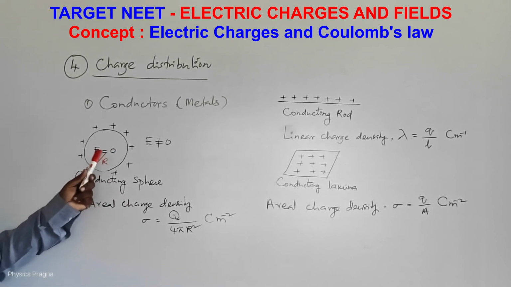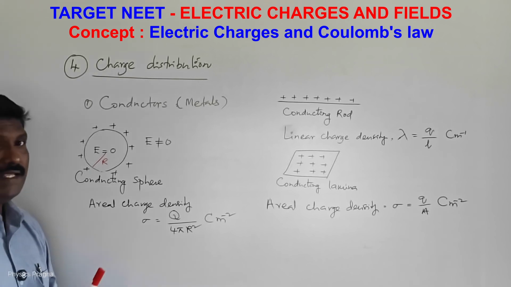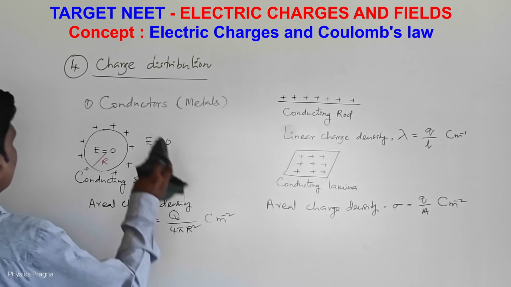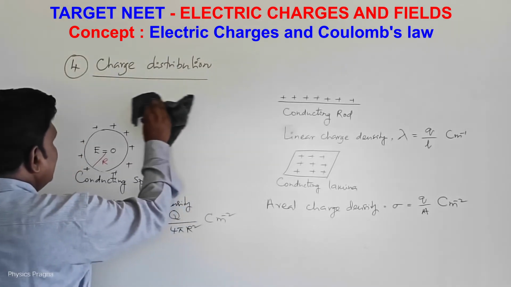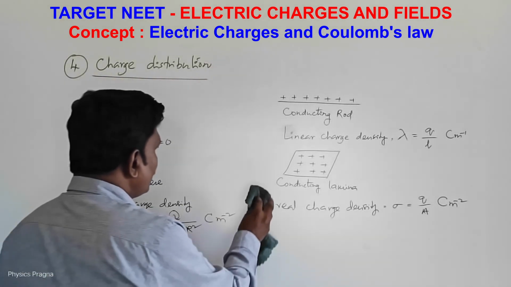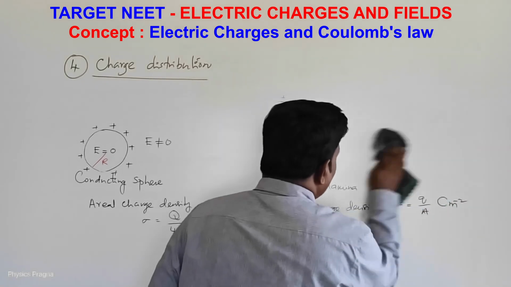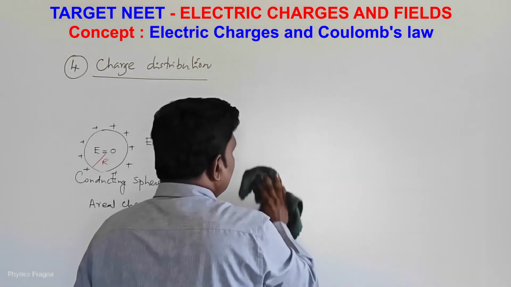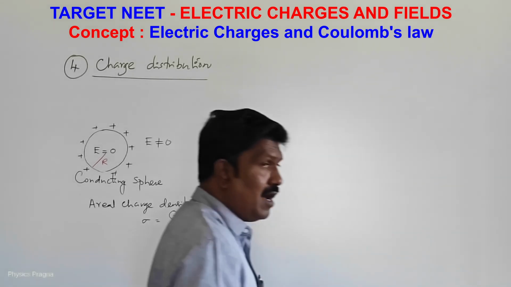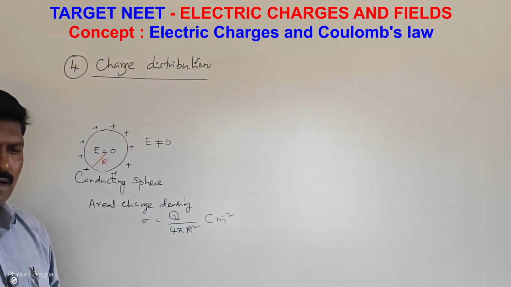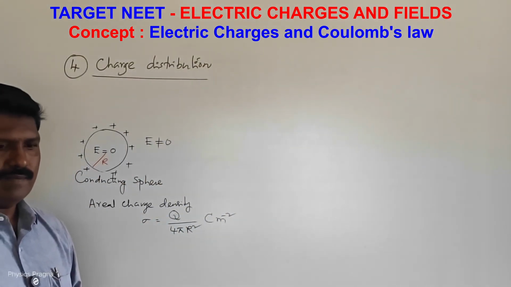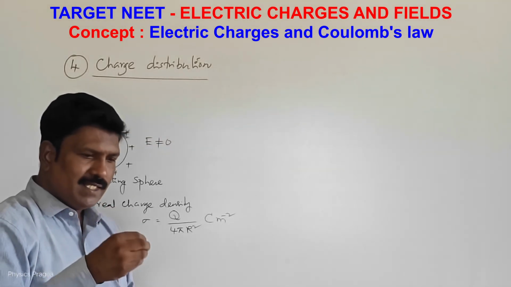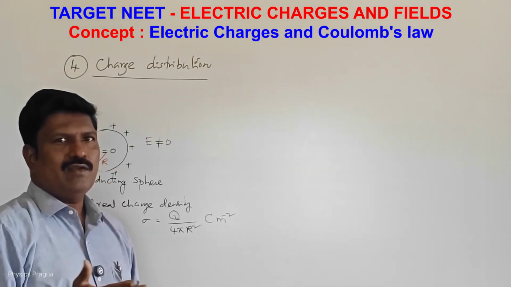Like that, even though it is a three-dimensional body, we calculate only the areal charge density, because inside, the charges never reside. What if we have taken a non-conductor? A non-conducting rod is not a problem. All charges in a one-dimensional body will spread on the surface.